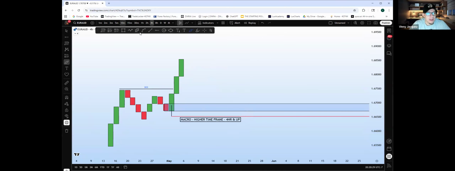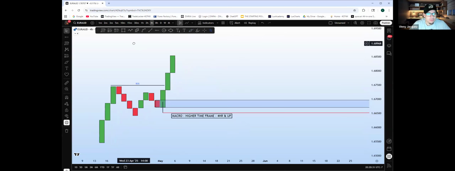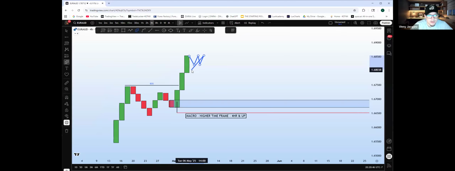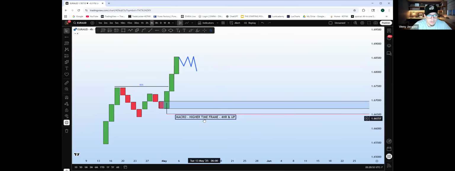Let's go. Now, super important, guys. Nothing changes. Even though I try to break things down and give you guys as much detail as possible, nothing changes, guys. Okay? Nothing changes. So now this blue line that I have here is going to be my lower time frame market structure. Okay? Lower time frame market structure.